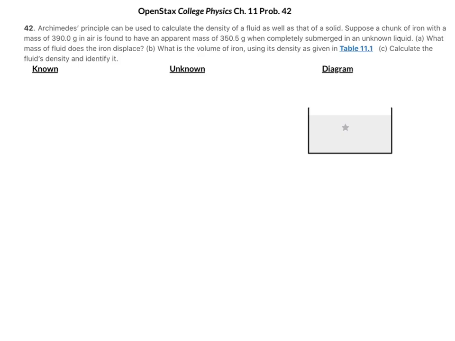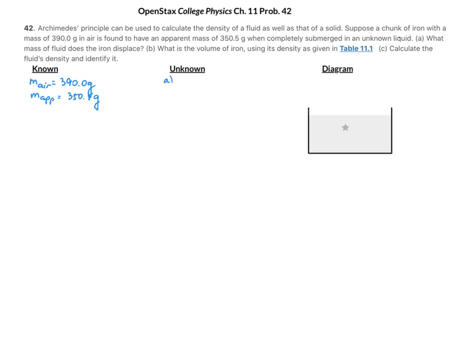We're told that the mass in air is 390 grams, so I'll call this M sub air is 390.0 grams, and the mass apparent is 350.5 grams. Then that's basically all we know.